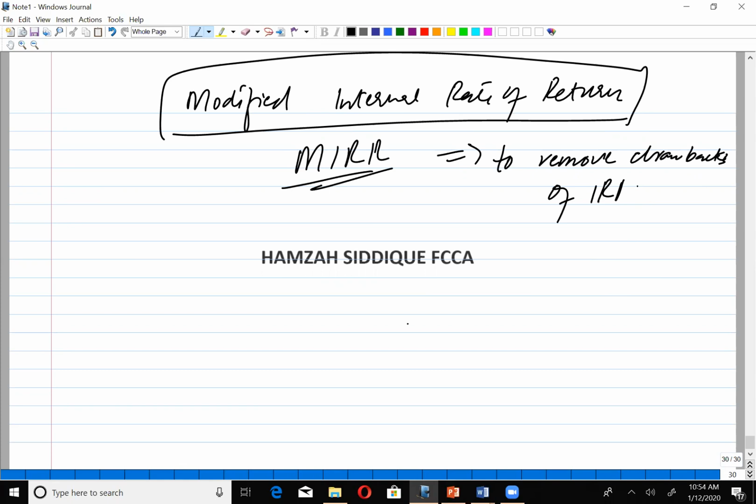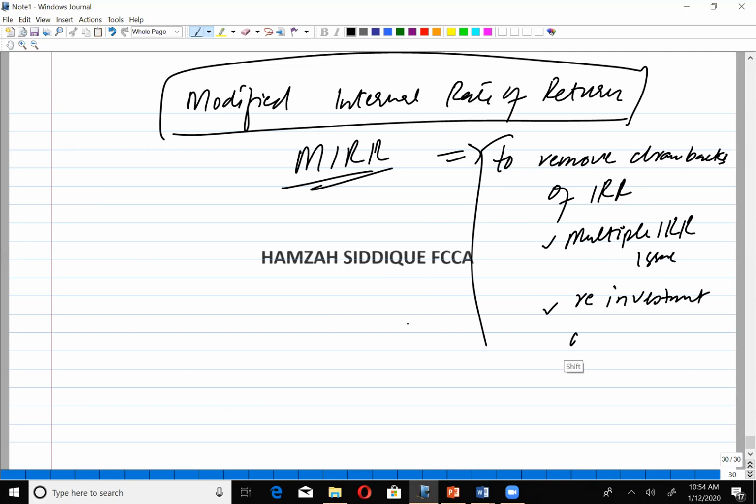Which drawbacks? Two drawbacks. One is that of multiple IRR in case of non-conventional cash flow, and second is the reinvestment assumption, which is wrong. We say that is inappropriate. IRR assumes cash flows are reinvested at IRR. So MIRR removed both these flaws.